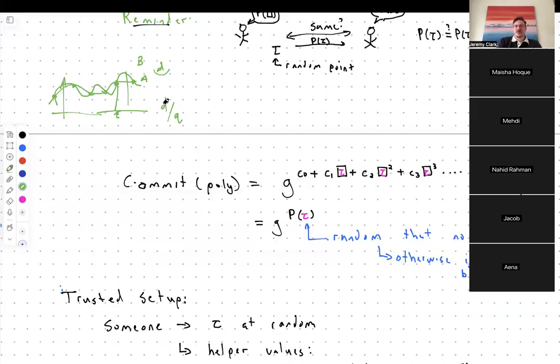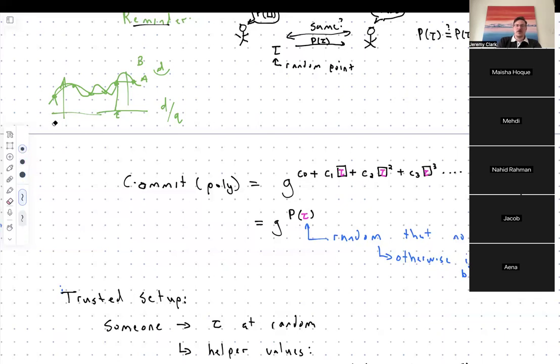So this is not going to work at all. And this is the Schwartz-Zippel lemma, which basically says that if you look at a random point and the two polynomials are the same at that random point, with overwhelming probability, they're the same polynomial.